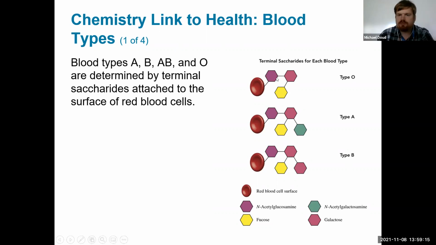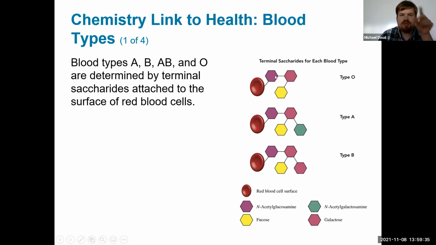So type O is what's known as the universal donor, because type O has basically the standard terminal saccharide, where it's a link of, I've got to look them up here, N-acetylglucosamine, galactose, and fucose.